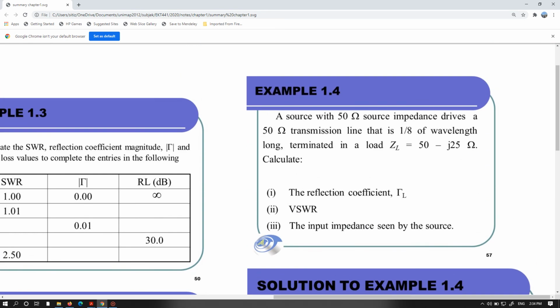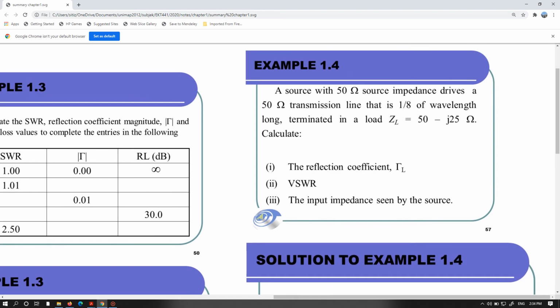And the last one is how to calculate the Zin. Okay. This question: a source with 50 ohm source impedance drives a 50 ohm transmission line that is 1/8 of a wavelength long, terminated in a load ZL equal to 50 minus j25. Calculate the reflection coefficient.